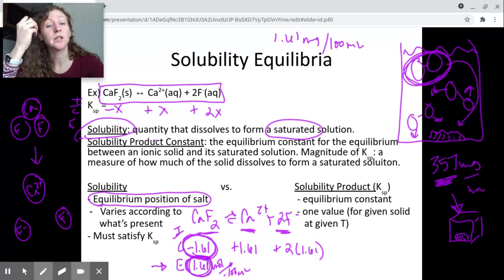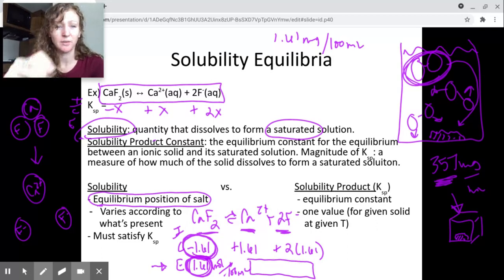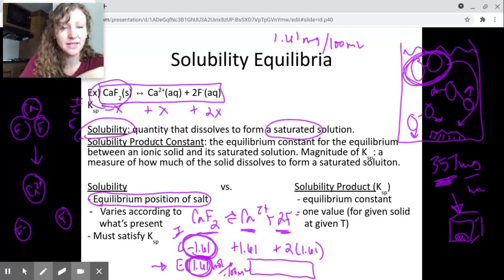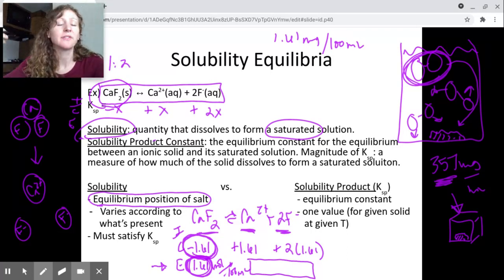Okay, is it the equilibrium position of your 2 ions? No, because that's dependent on what you're talking about. What are those ratios? In this case, it's a 1-to-2 ratio, and so I would have to multiply that amount that dissolves to get the correct number of ions.